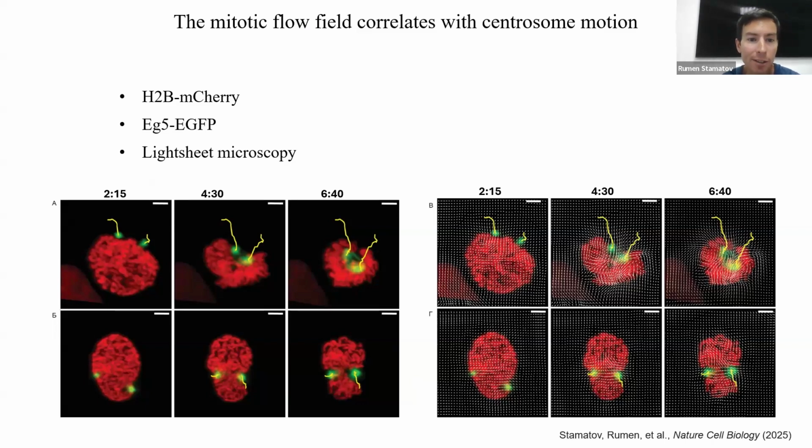So centrosomes are initially outside the nucleus, but after the breakdown of the nuclear envelope, they go inside. And exactly at that moment, we see this rearrangement of chromosomes. Here on the right, we can see the flow field with the arrows overlaid on the chromosomes and the centrosomes.